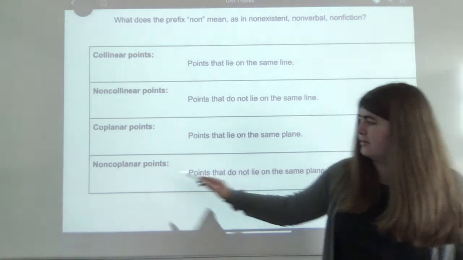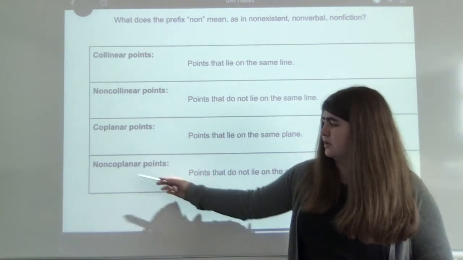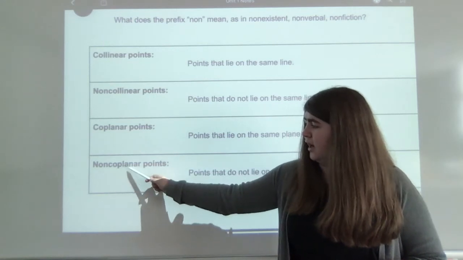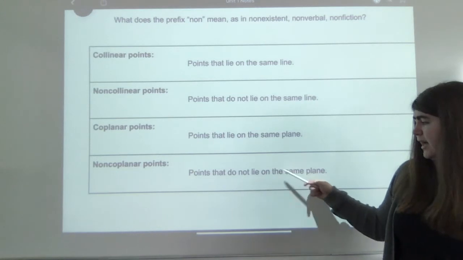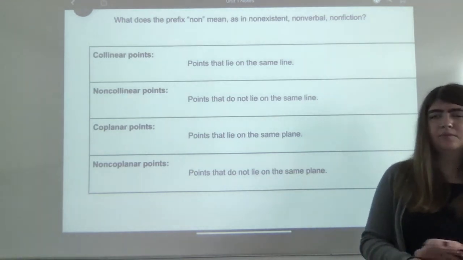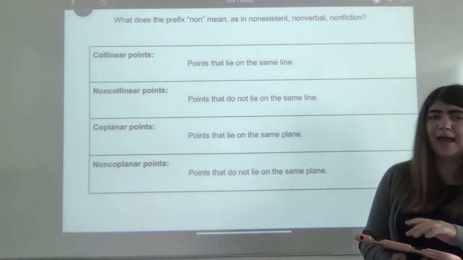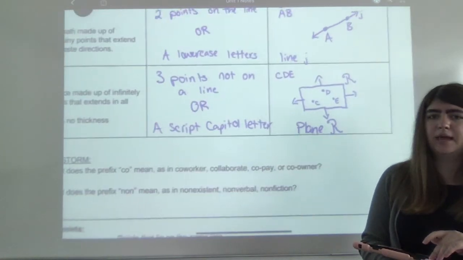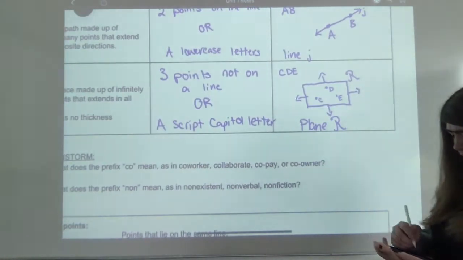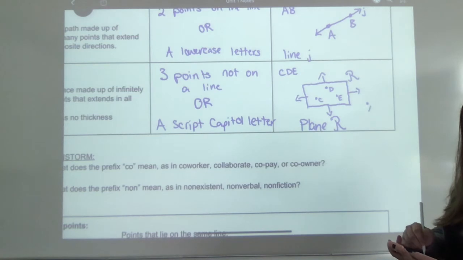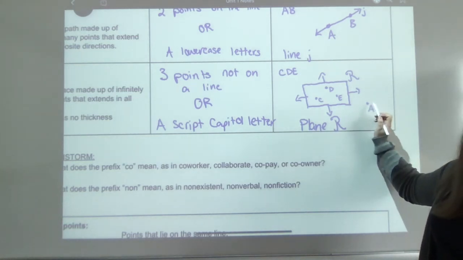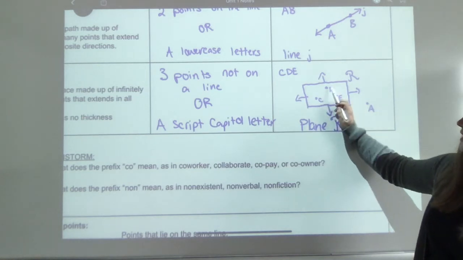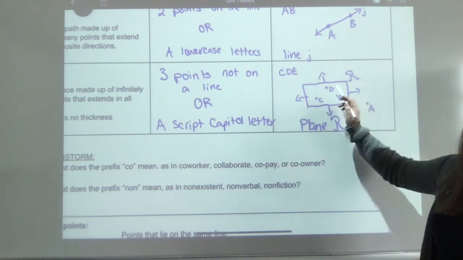Next we have non-coplanar points. Not together, on the plane. So we have points that do not lie on the same plane. If we were to add a point to the outside of our plane, let's say we just have this point A floating out here, this point is non-coplanar with points C, D, and E because it is not on the same plane.